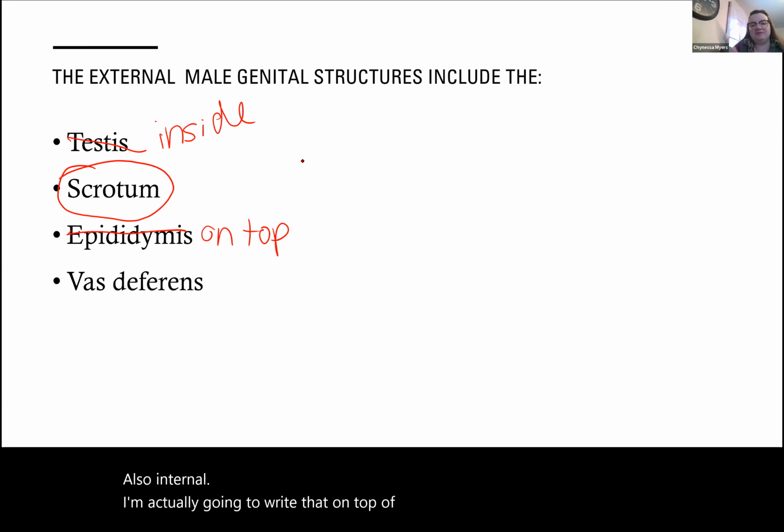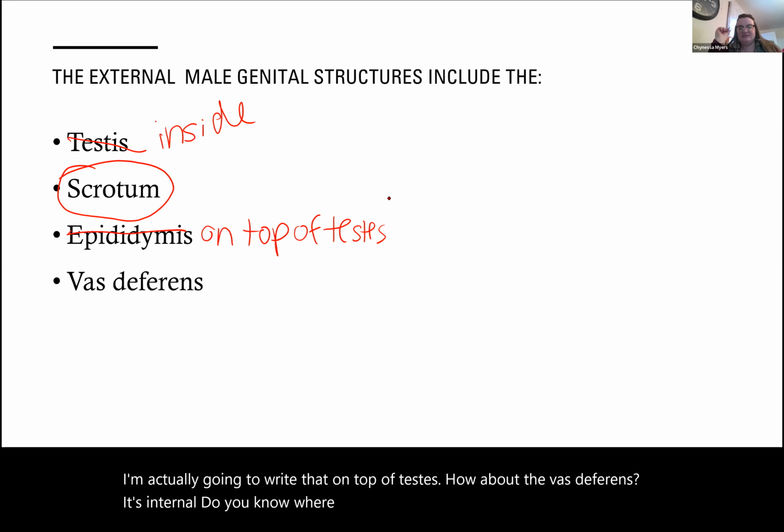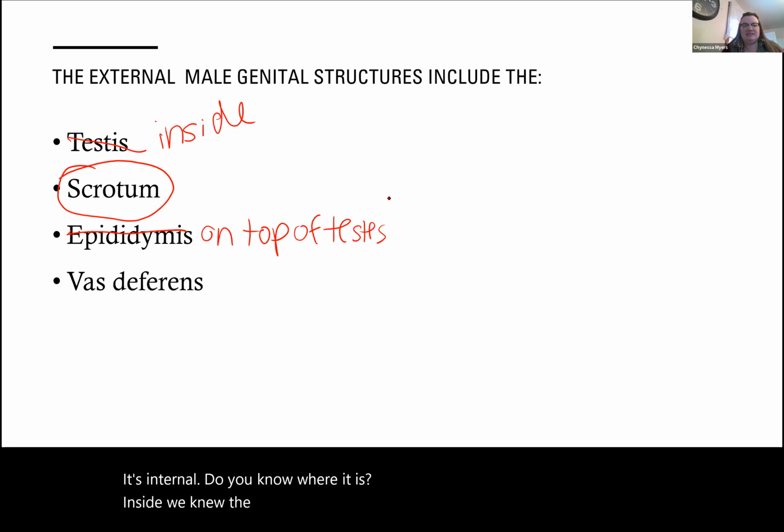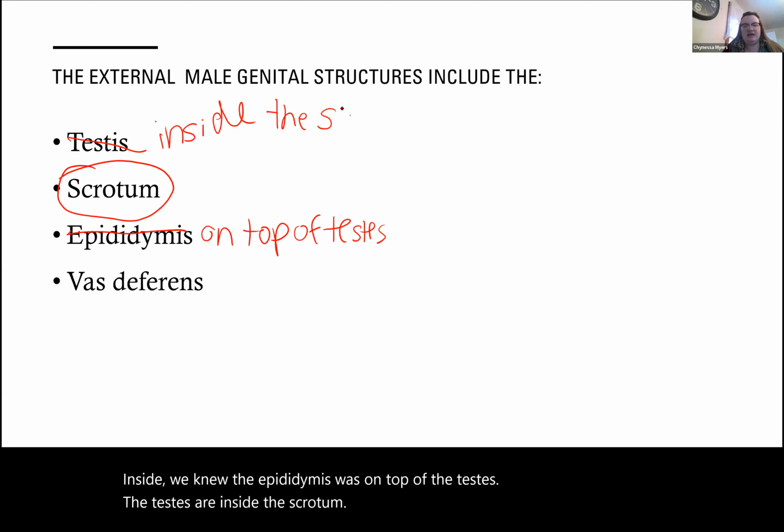How about the vas deferens? It's internal. Do you know where it is? Inside. We knew the epididymis was on top of the testes. The testes are inside the scrotum, or inside that scrotal sac.